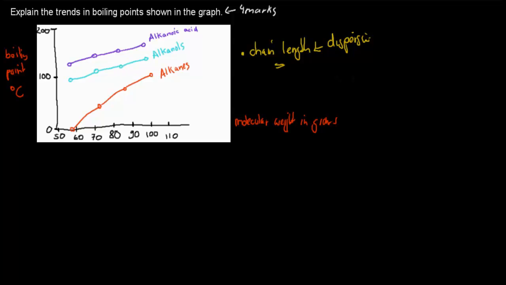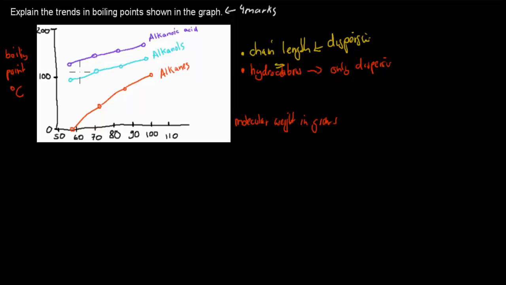Then what you should also do is talk about why the alkanes are the lowest on that list, lowest boiling point. And that's because they are hydrocarbons, which means these hydrocarbons only have dispersion forces. And that will mean that they have weaker bonds compared to the alkanols and alkanoic acids, because the other two have dispersion forces plus hydrogen bonds.